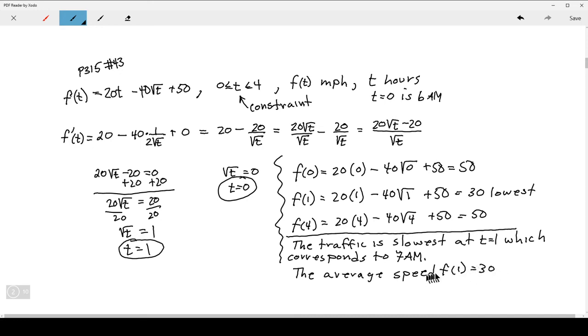All right, the average speed is 30 miles per hour. All right, so as far as what you're going to see in the homework, I'm not going to throw you any applications from this section because I'm more concerned with you learning to calculate in this section.